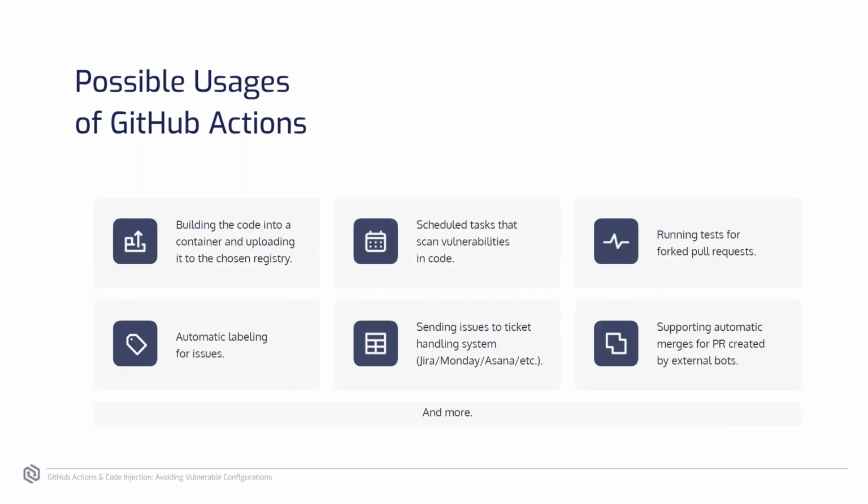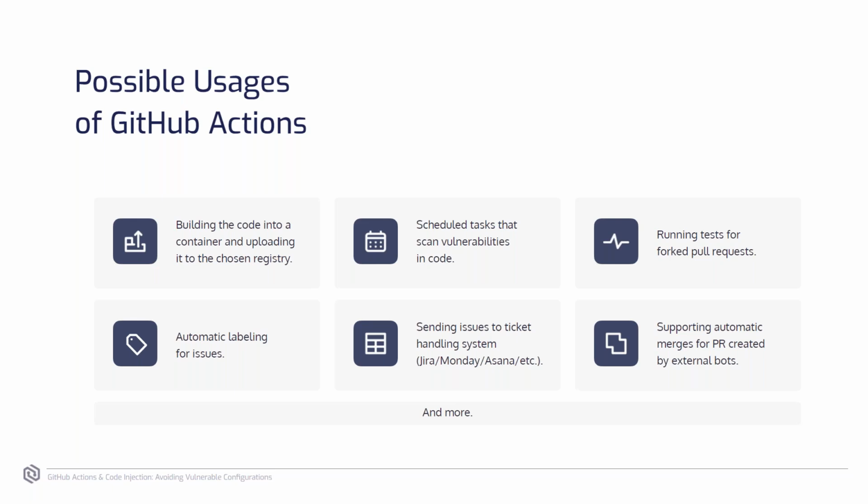Before we go deeper into the misconfigurations we found, let's first understand the possible usages of GitHub Actions. Some of the usages may be building the code into a container and uploading it to the chosen registry. This could be Docker Hub, Artifactory, ECR, GCR, or any other registry.